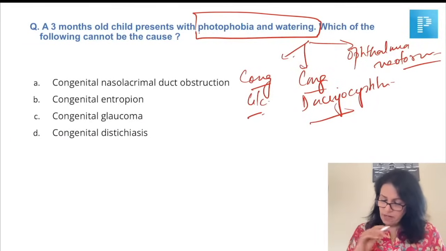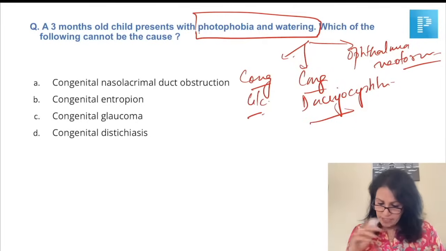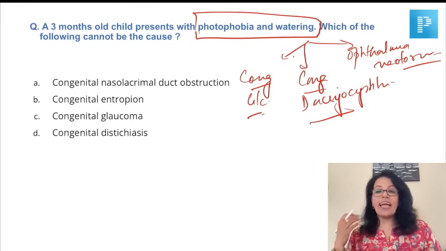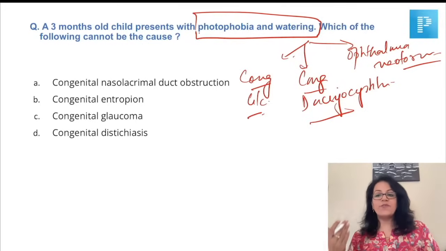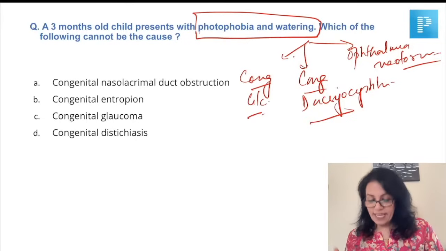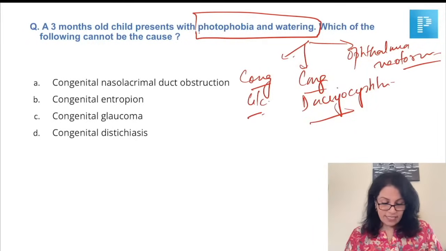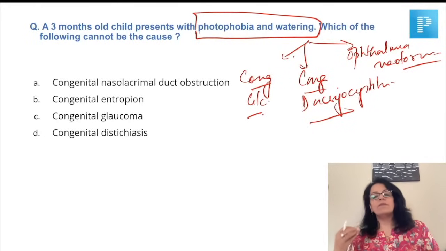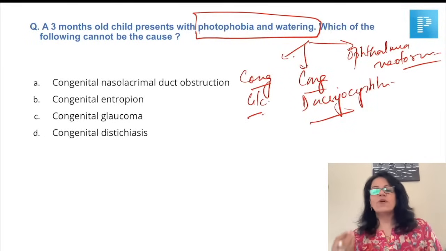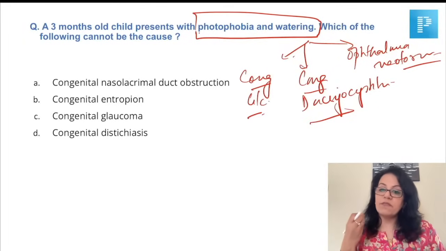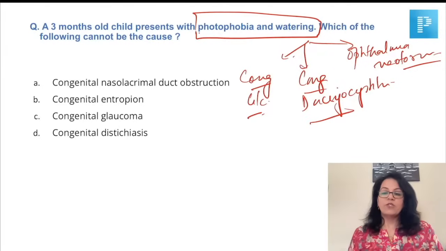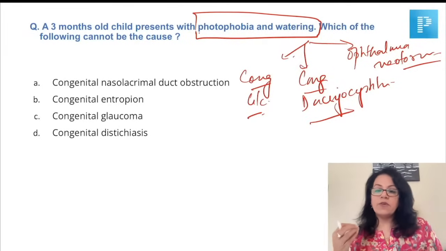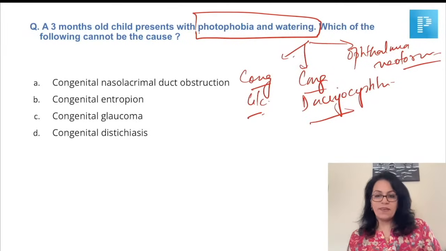So if these four are the options, it gets more confusing. Any entropion is also going to finally lead to rubbing due to trichiasis, correct? Whenever there is any problem of rubbing on the cornea, it is going to involve the sensory supply, that is the fifth nerve, and it is due to this fifth nerve that you get photophobia. So any rubbing of the cornea due to any of the reasons can lead to photophobia.